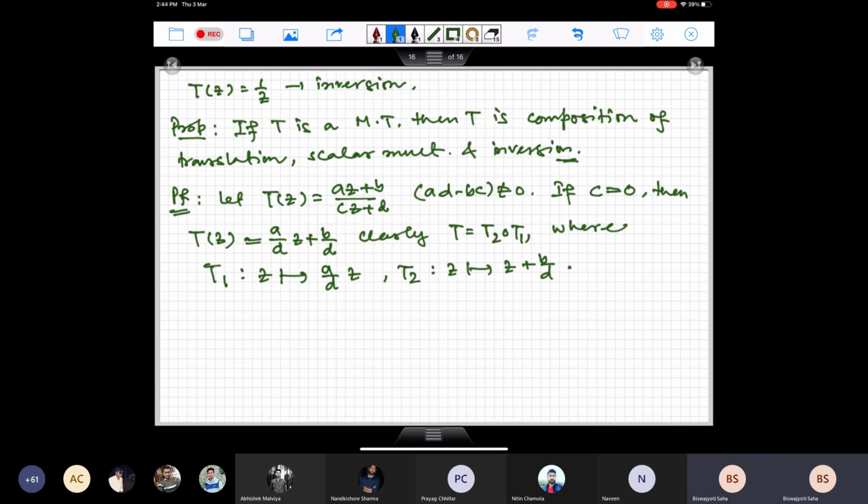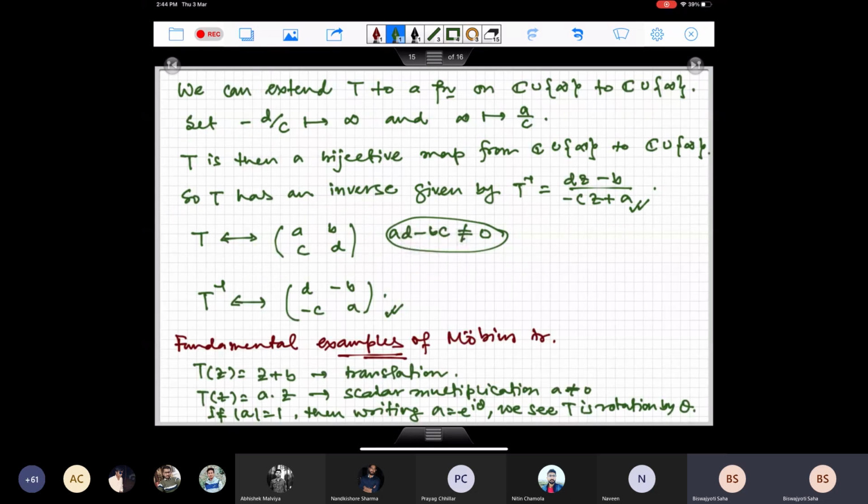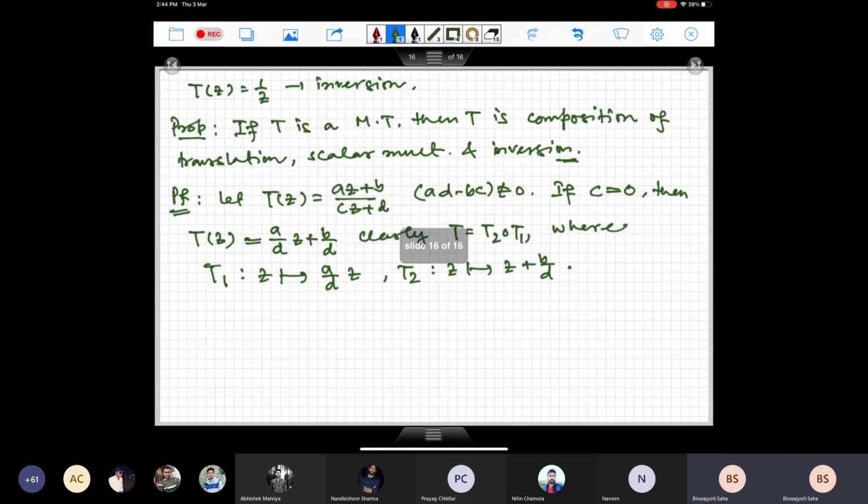All of you agree to this? Yes, sir. Yeah, first you multiply and then you translate. So therefore I can clearly see that in this particular case my Mobius transformation is just a composition of two fundamental transformations, namely the scalar multiplication followed by translation.